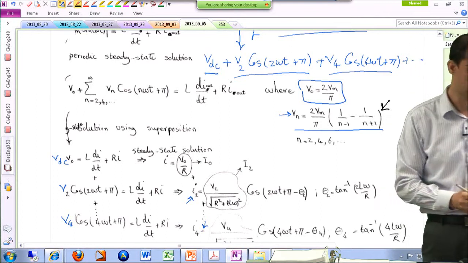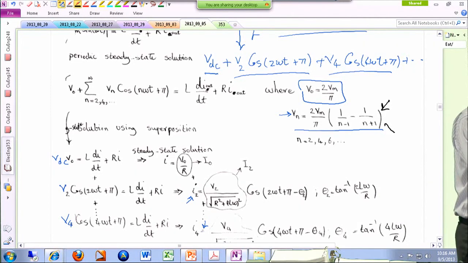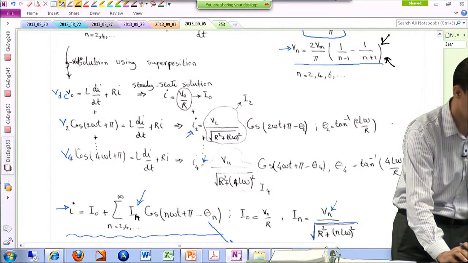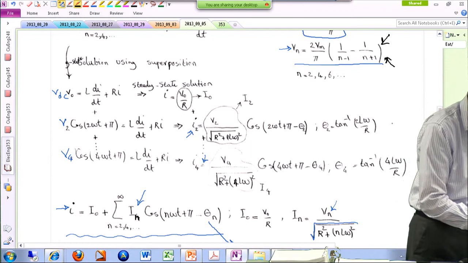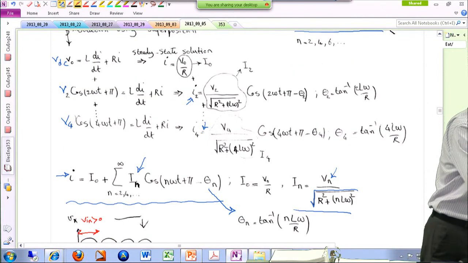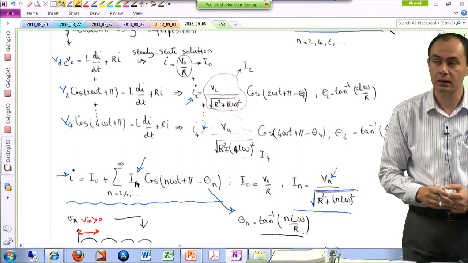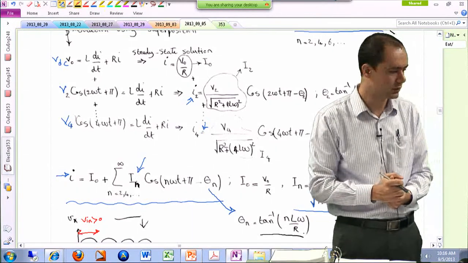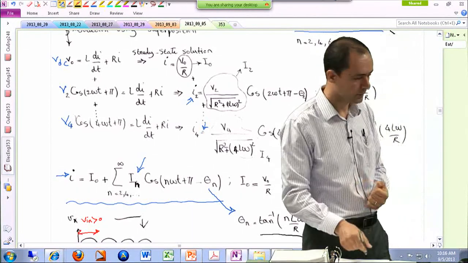This equation over here is giving that to me. And the current is easy. You just have to divide this by the magnitude of your impedance at that particular frequency with a little bit of a phase lag, and the phase lag, in general, is the inverse tangent of n, the number of harmonics, times L, the value of the inductor, times omega, your frequency, over R.